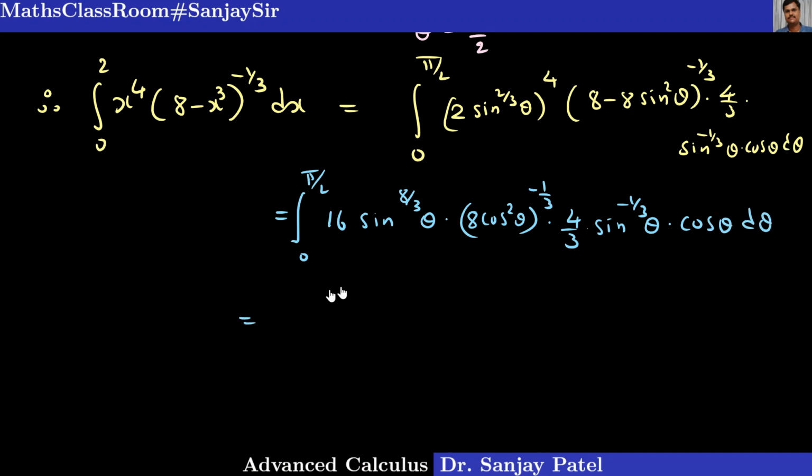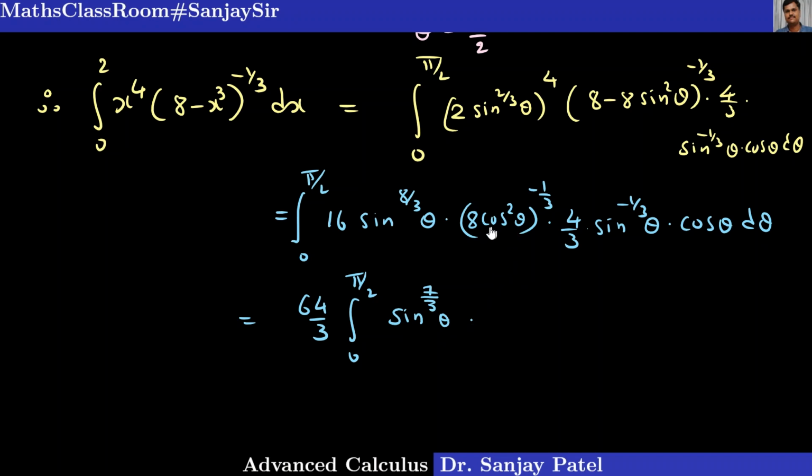And from this I can add 16 for the 64 by 3 integral 0 to pi by 2. This is sine raised to 8 by 3 and sine raised to minus 1 by 3. That gives me sine raised to 7 by 3 theta.